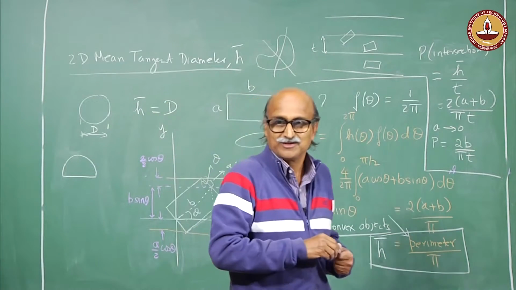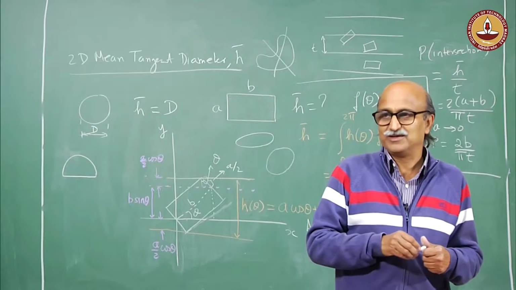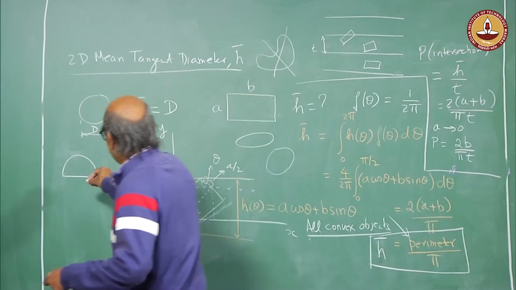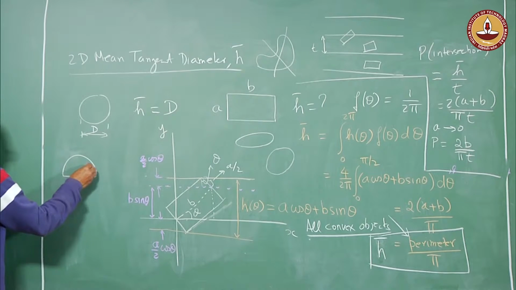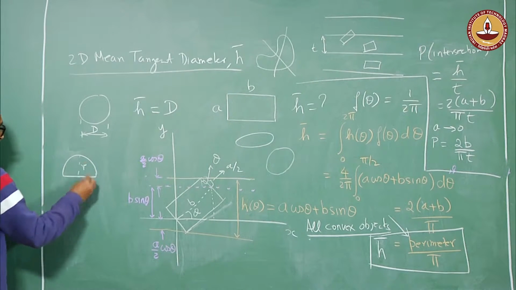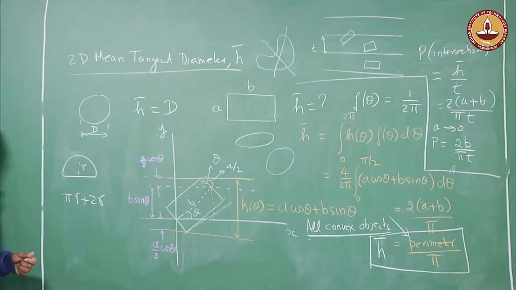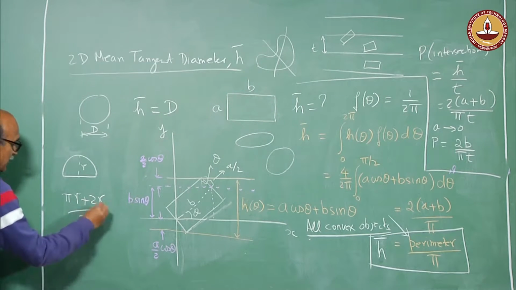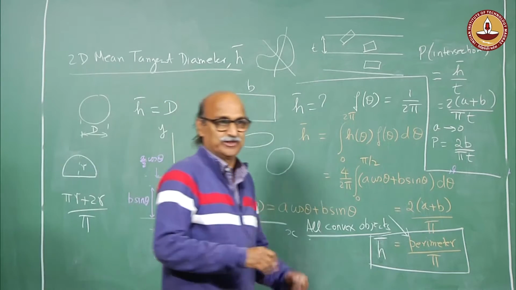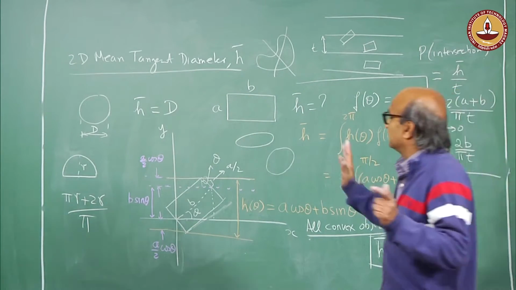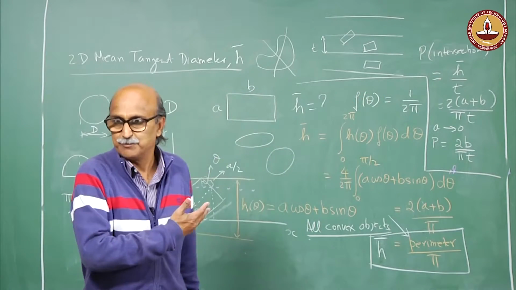So, for semicircular objects, take the perimeter of this. If its radius is r, the perimeter would be pi r plus 2r, divided by pi, and that is the mean tangent diameter. Okay. So, this was one example that I put in 2 dimensions.